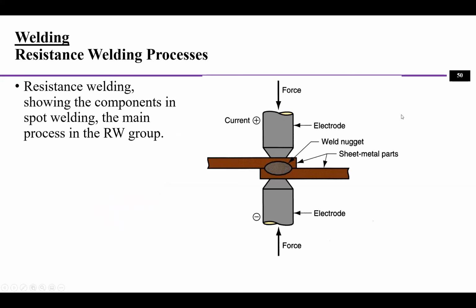When electricity is on, we apply a force. When a force is applied, heat will be generated at this spot, and by melting or heating this spot, it will create a bonding between the workpieces. So this is how it works.